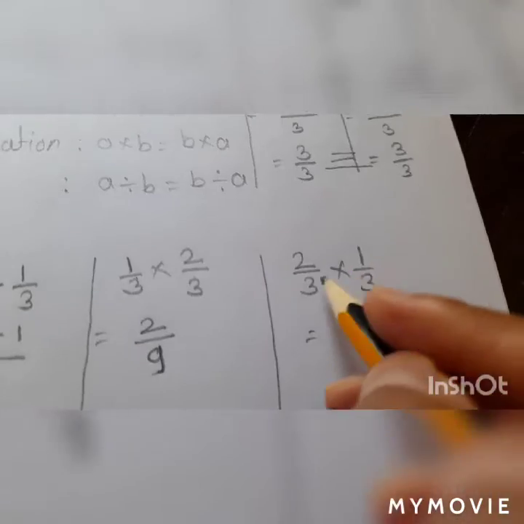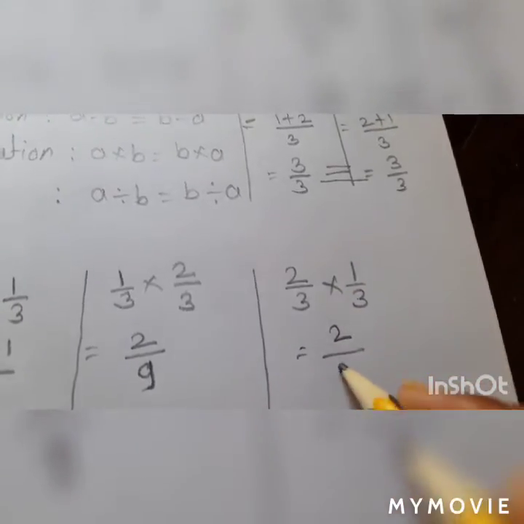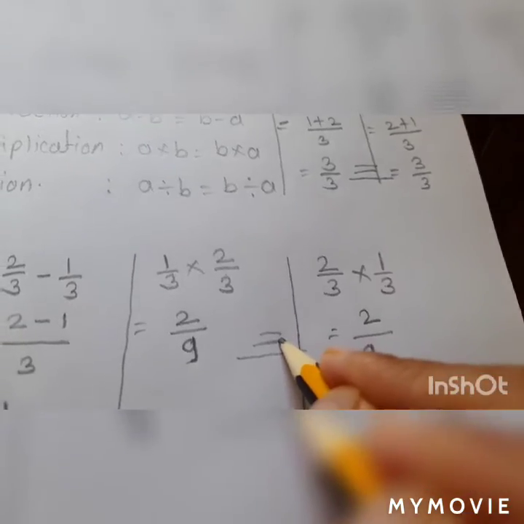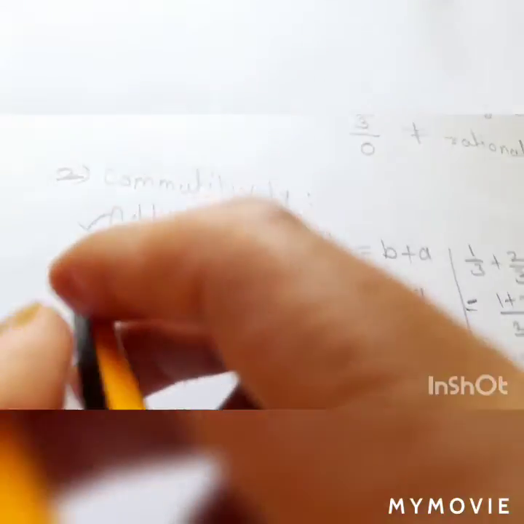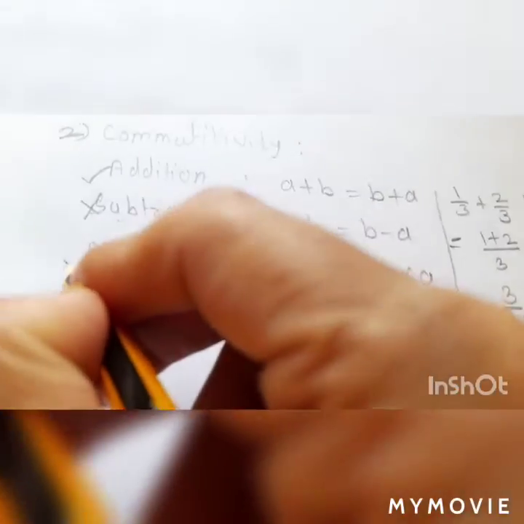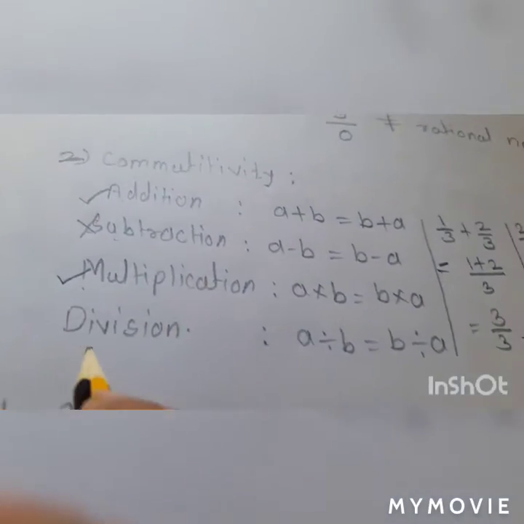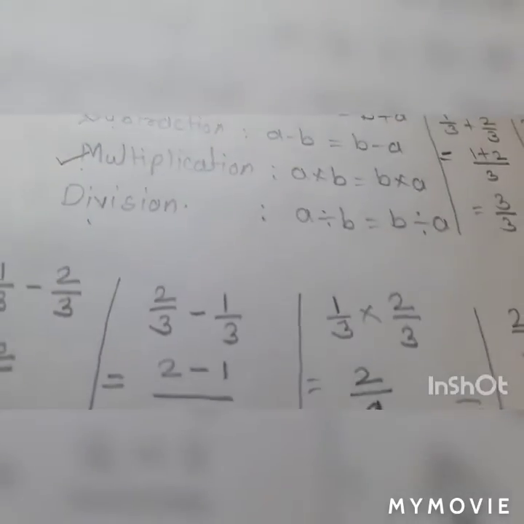Also 2 into 1 is 2, 3 into 3 is 9. We will get the same answer. That's why we can say that multiplication satisfies the condition of commutativity. Let us check division now.